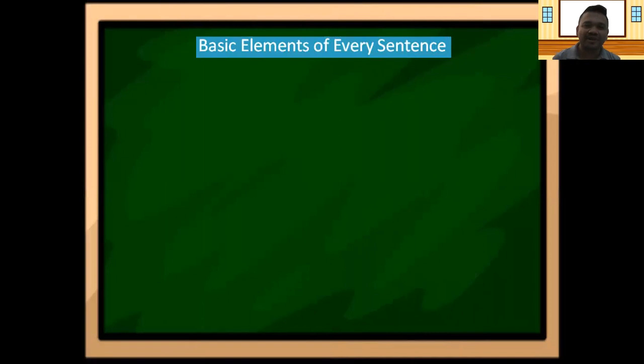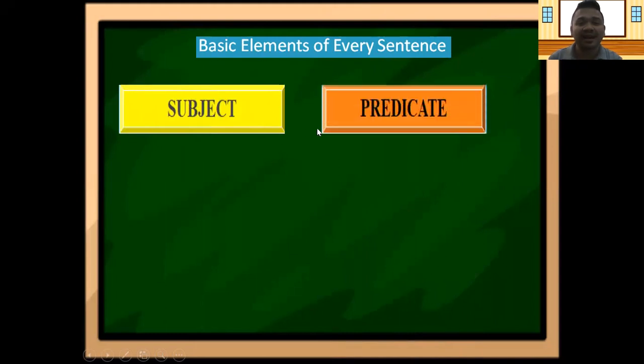Before that, let's look at the basic elements of every sentence. Each sentence should have a subject and a predicate. The subject is the one who does the action, the one who performs the action. The predicate talks about the subject.